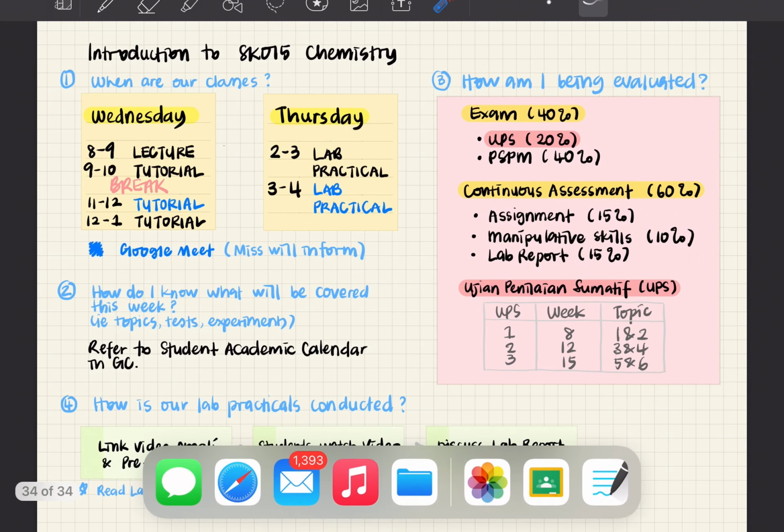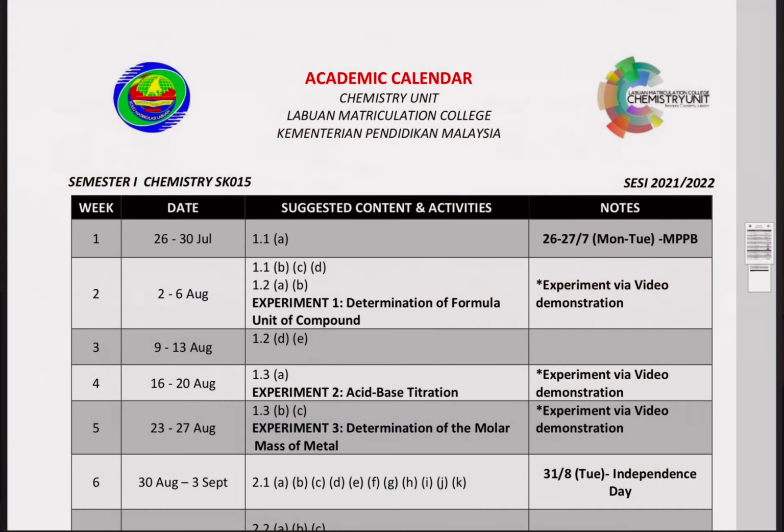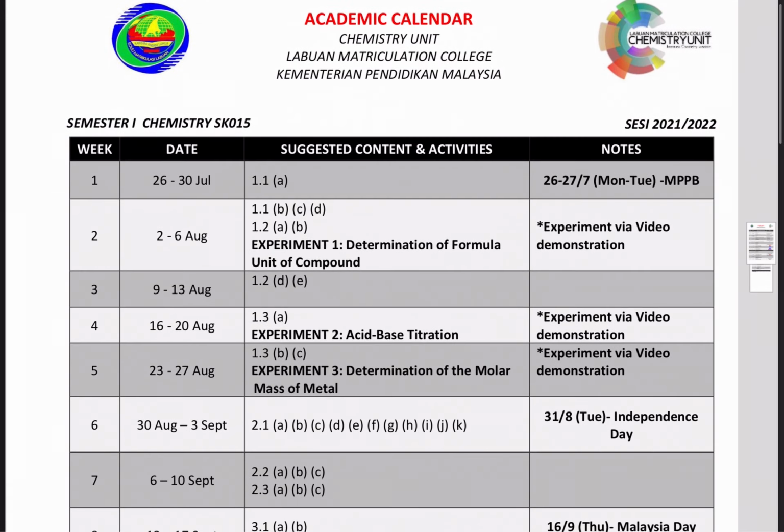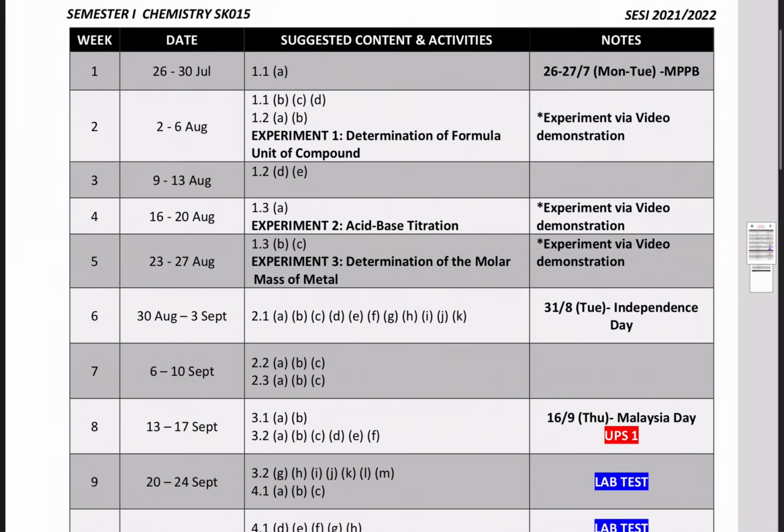Now I will show you the files that I uploaded. So this is your academic calendar. You can find it on GC. Here you can see that for week 1, from 26 to 30 July, supposedly we study 1.1A, but I had a conference, so I will carry that on to week 2.